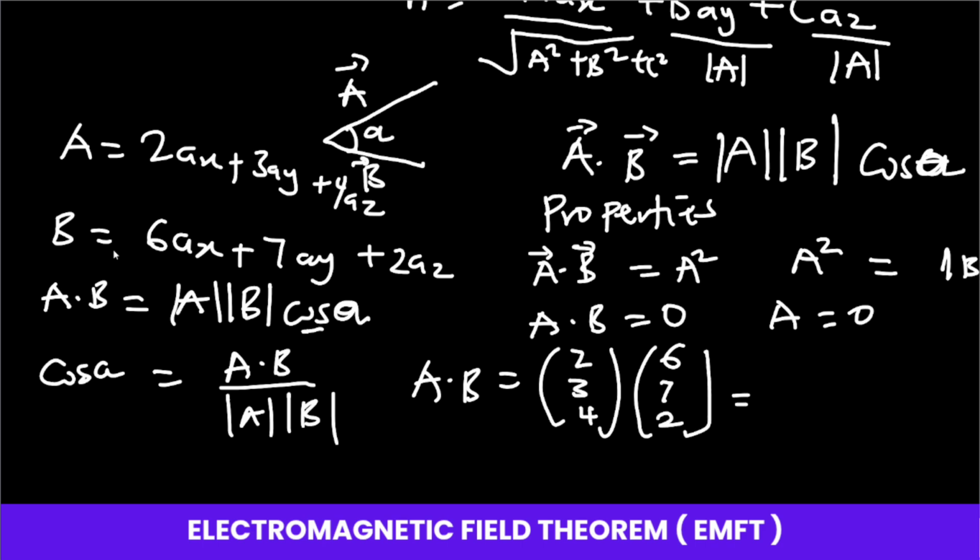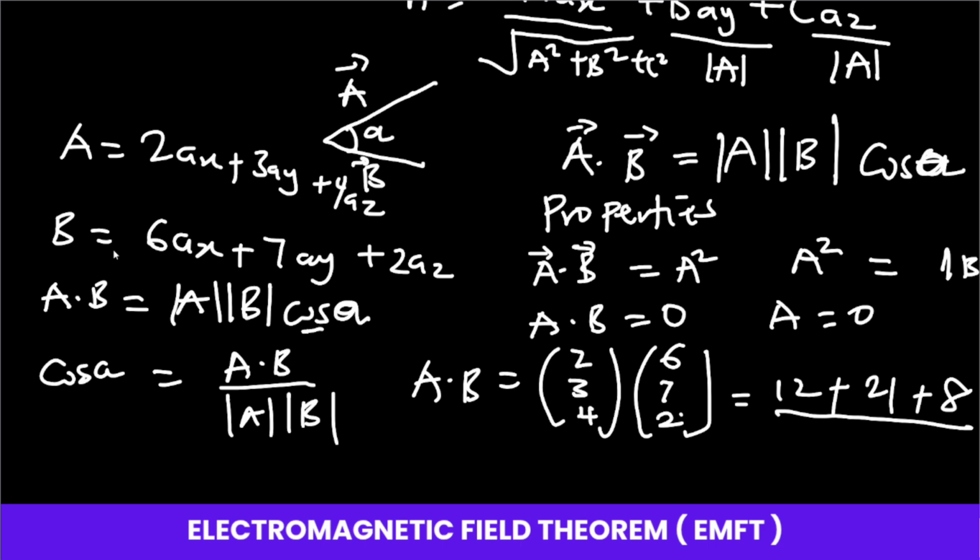All I will do is multiply these component by component. So 2 multiplied by 6 gives 12, plus 3 multiplied by 7, which gives 21, and finally 4 multiplied by 2, which gives 8. When I'm done, I will add all these parameters, and that will give me A dot B.